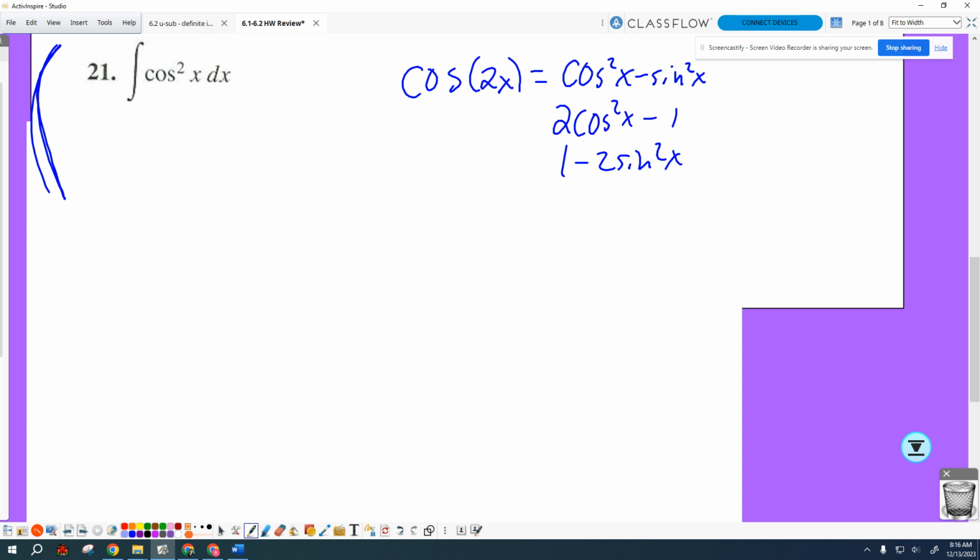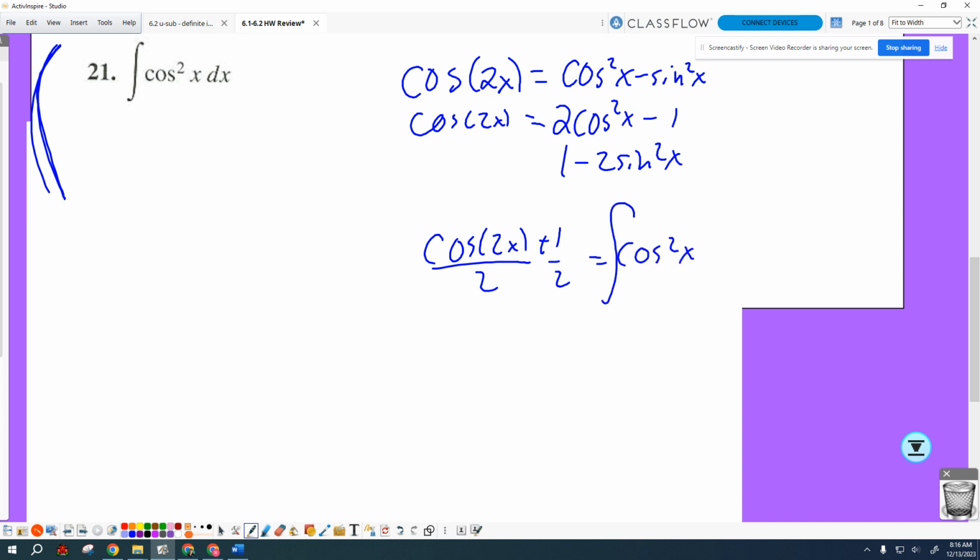Why is that helpful? Well, right here, cosine 2x plus 1, all of that divided by 2 equals cosine squared. I can't integrate cosine squared. I can integrate this. Preston, whose derivative is positive cosine? Positive sine.